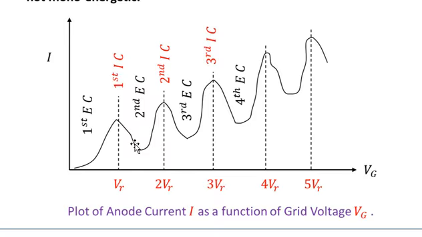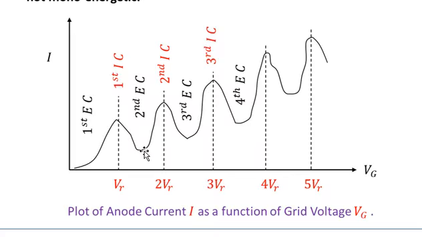Then of course the electrons will not be reaching the plate because they are left with an insignificant amount of kinetic energy, and when they do not reach the plate, the plate current will fall as shown in this region. This is the region where you can notice a dip or a fall in the current. This is the region where the inelastic collisions are occurring and the current is falling.